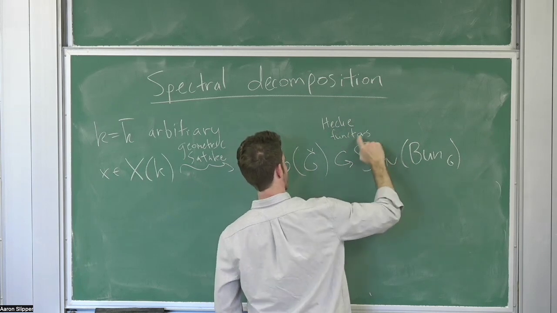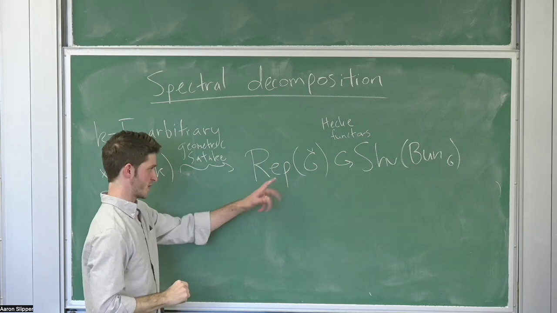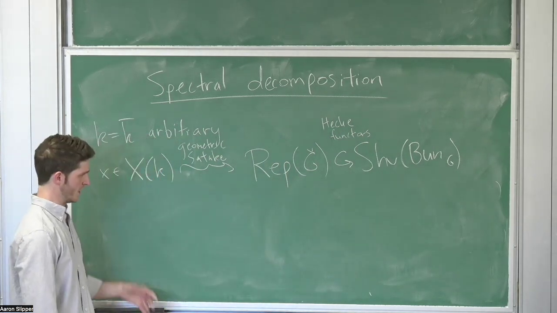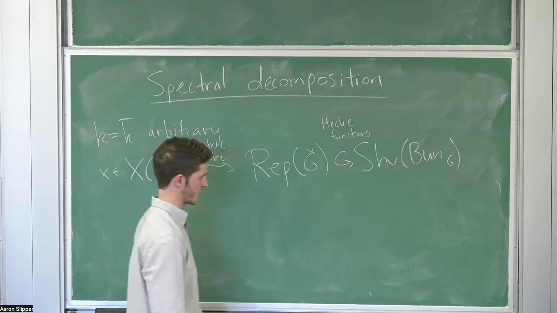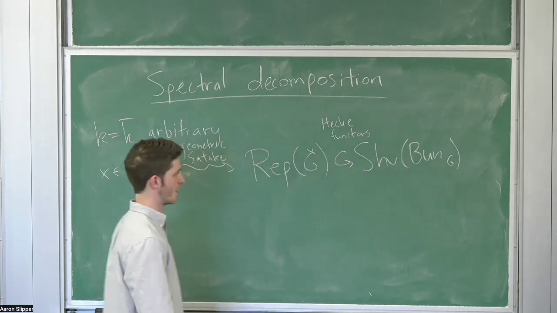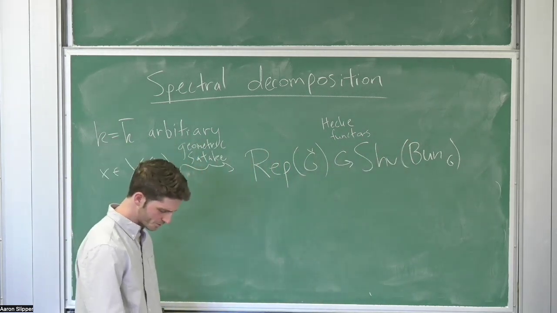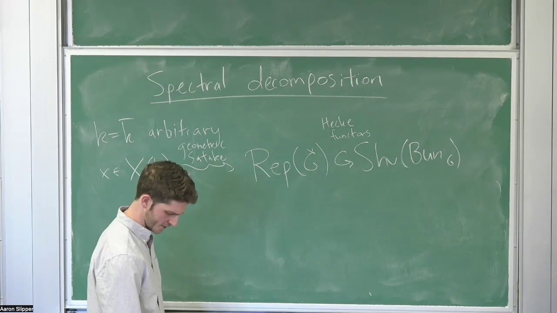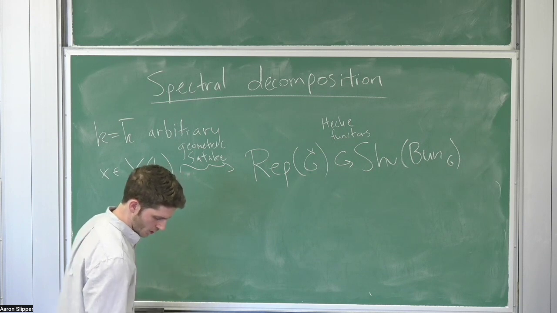This geometric Satake equivalence tells you the representation of G-check corresponds to some IC sheaf on the affine Grassmannian, and you can use Hecke correspondences to produce an endofunctor of the category of sheaves on Bun_G. It's compatible with the tensor product and really does specify an action.